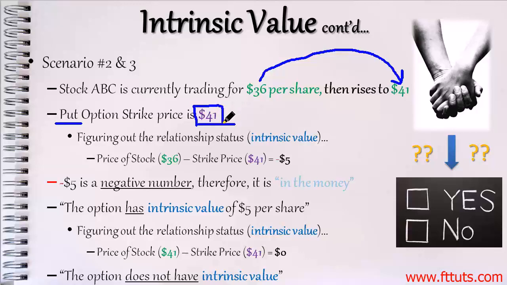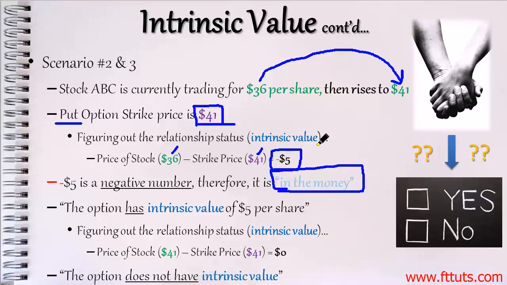So price of stock 36 minus the strike price 41 gives us -5. -5 is obviously a negative number. Therefore, in this case, with the put, we are now in the money. So we would say that the option has intrinsic value of $5 per share.